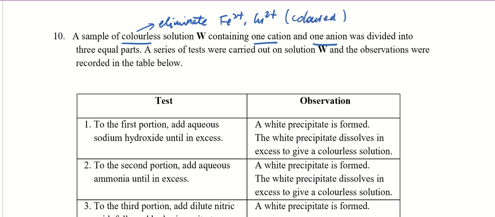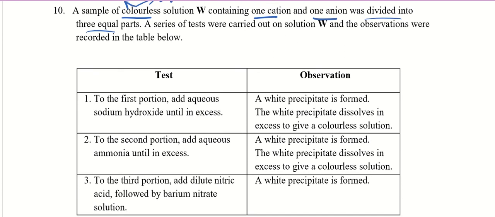These are the little clues that you can get along the way. It was divided into 3 parts. Another thing: a colorless solution also means it is a soluble salt. These are the little clues you can get from the question.